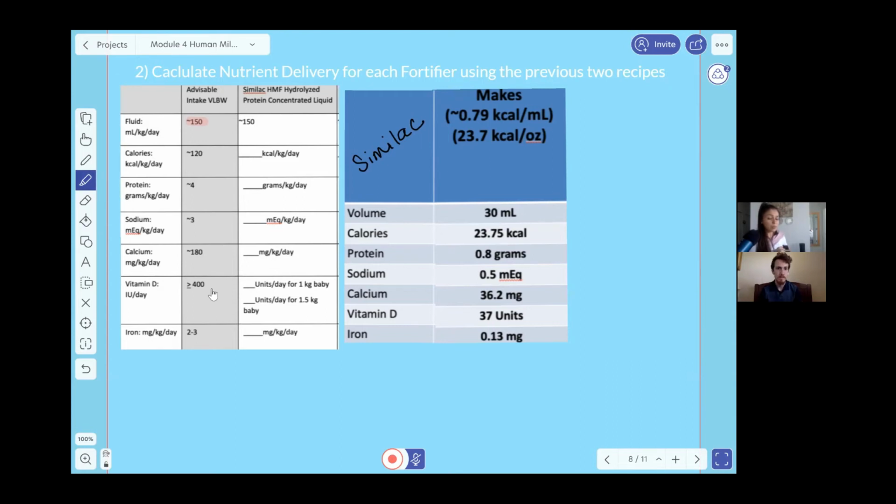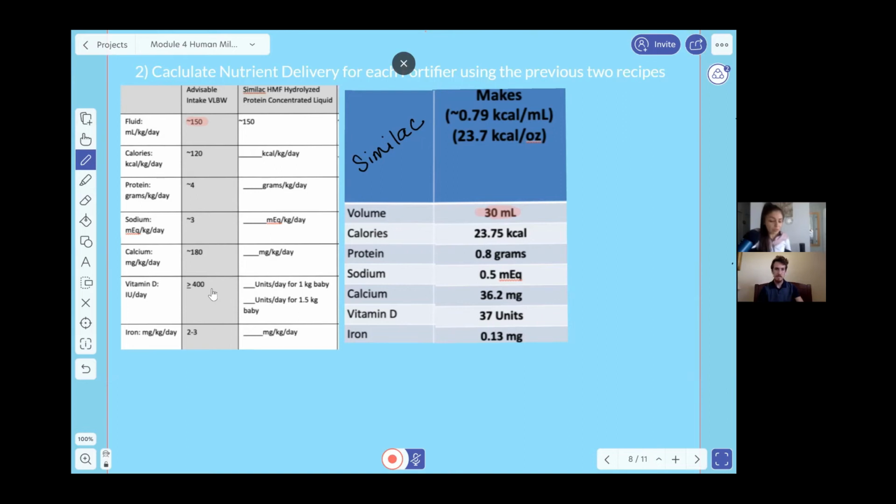But if we remember, our recipe only makes 30 mLs. So the next question would be, okay, well, how do we get 150 milliliters? So we need to figure out how many recipes we are going to need to get about 150.